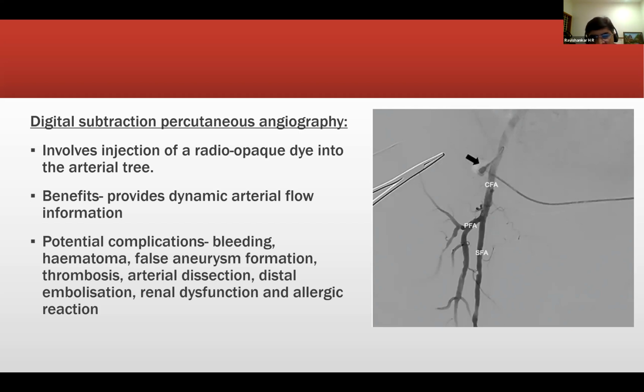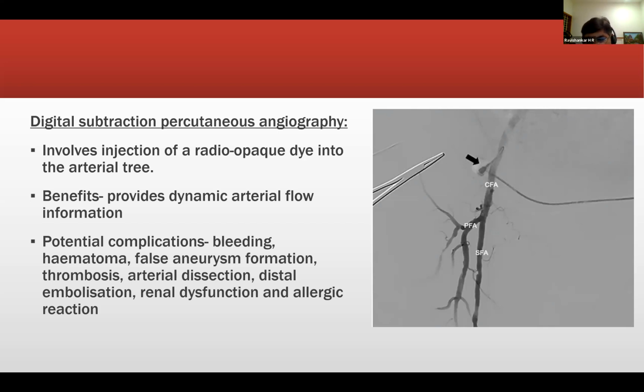Because for getting the information, there are 2 better modalities which are non-invasive, and you will get all the information that you need. Then if you want to plan intervention, especially in acute limb ischemia, if you are planning to do thrombolysis or suction of the clot or whatever, only then you use the percutaneous angiogram.